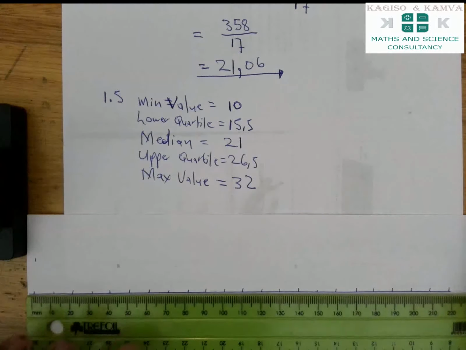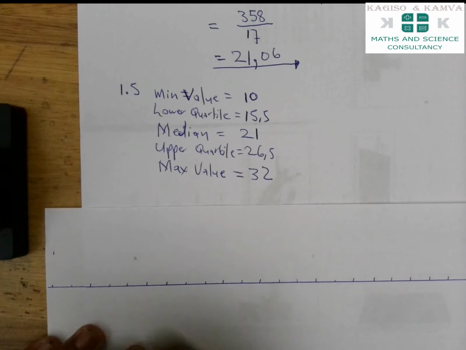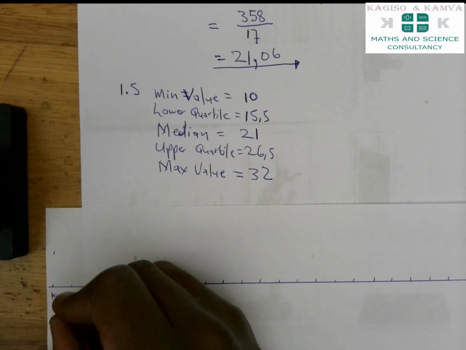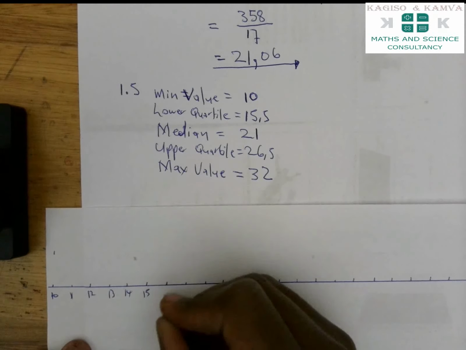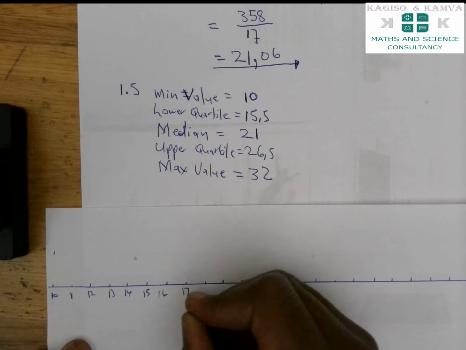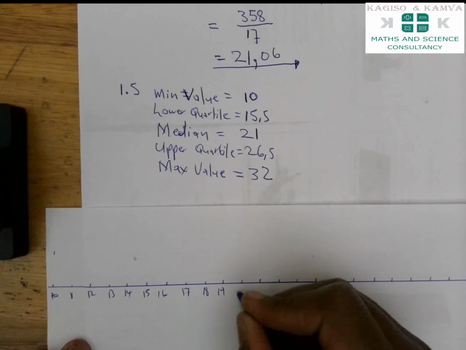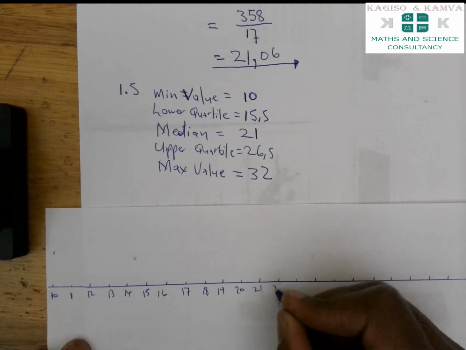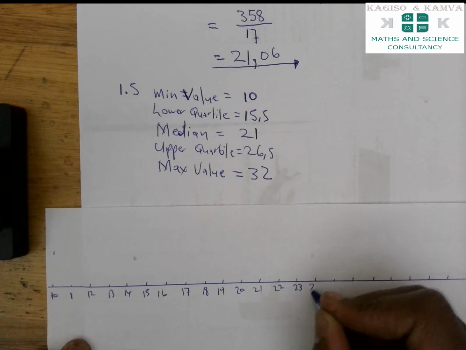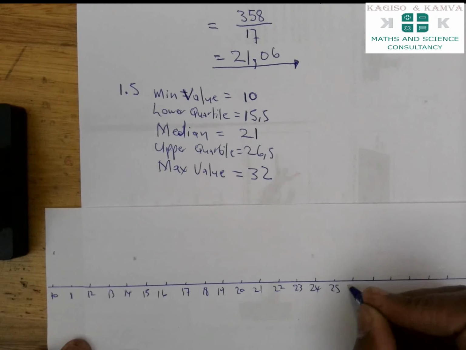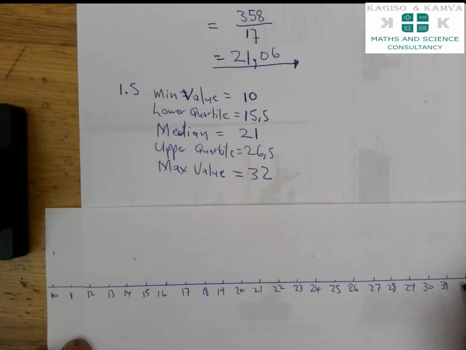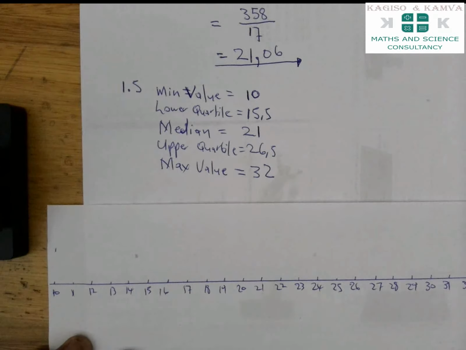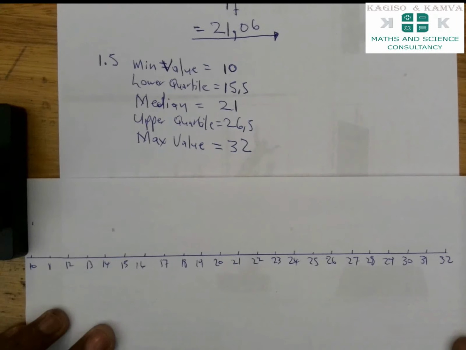And then I'm going to have 10, 11, 12, and so on up to 32. Okay, good.